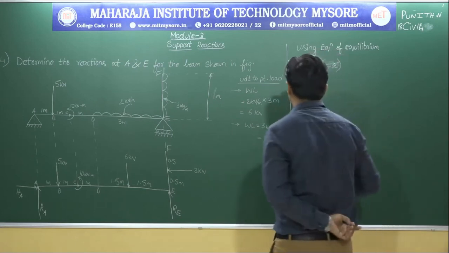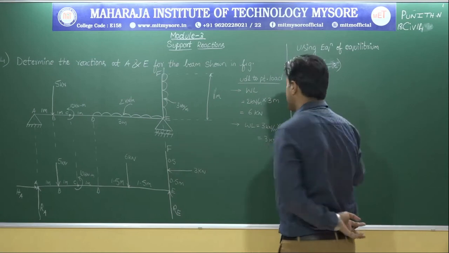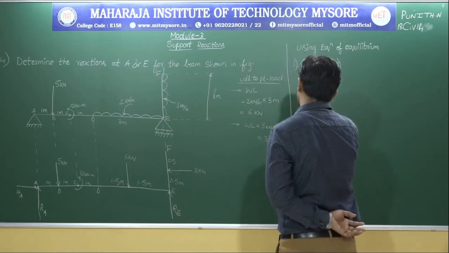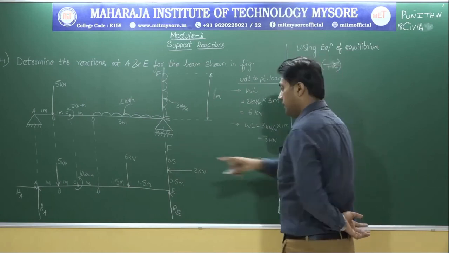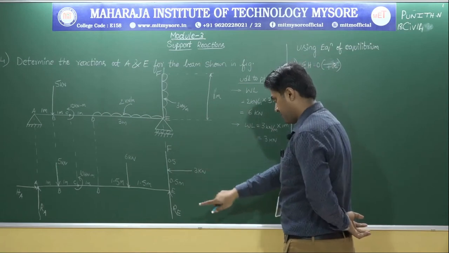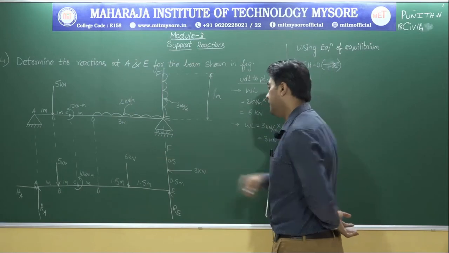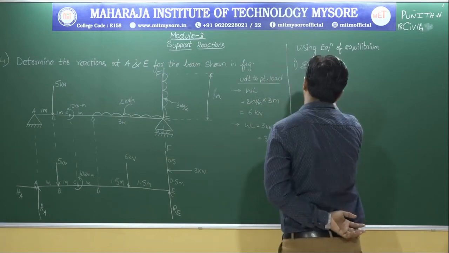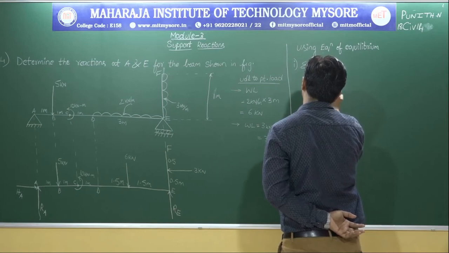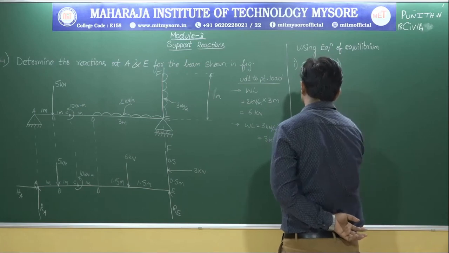So first we'll go with sigma H equal to 0. HA is a horizontal force acting in the rightward direction, so plus HA. Next, any other forces? Yes, here we have one more. 3 kilonewton is acting in the leftward direction, so minus 3 is equal to 0. So can I say HA is equal to 3 kilonewton? So I got the value of this.